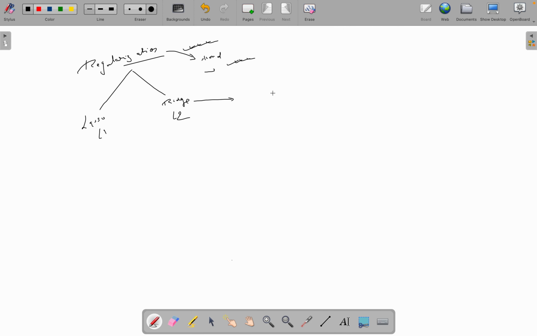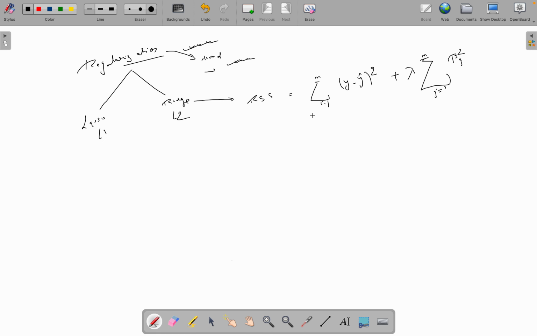Ridge is: we have RSS equals the sum from i equals 1 to n of (y actual minus y predicted) squared, plus, now we are adding a penalizing term, that is lambda times the sum from j equals 1 to n of beta j squared.